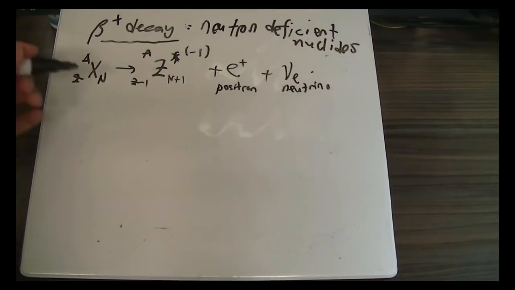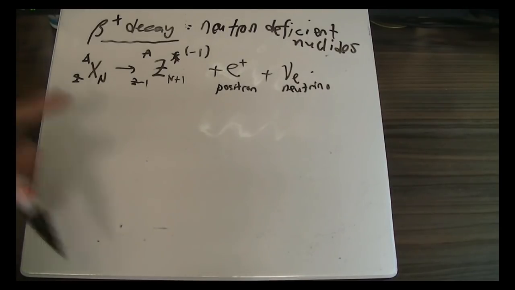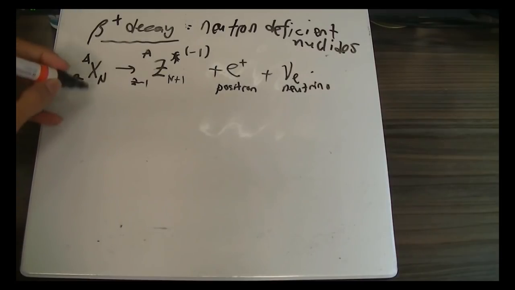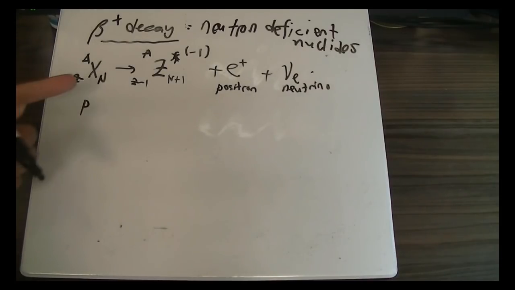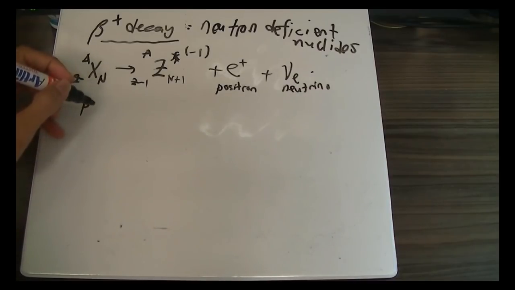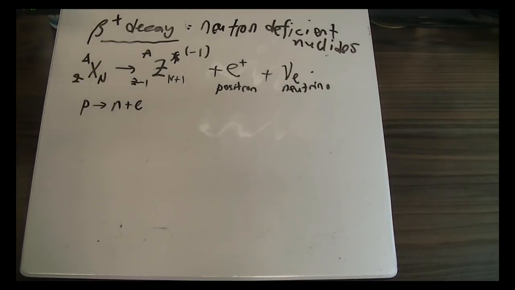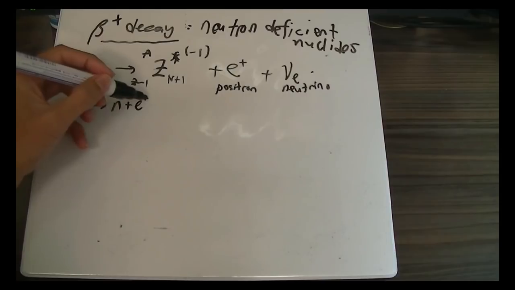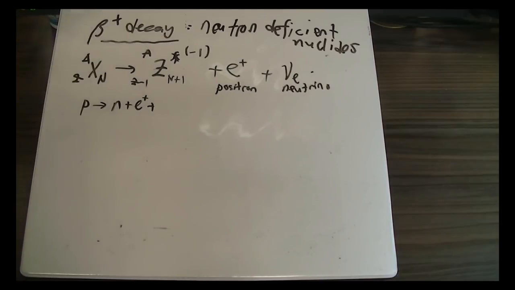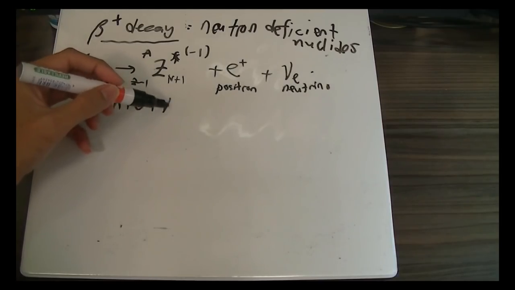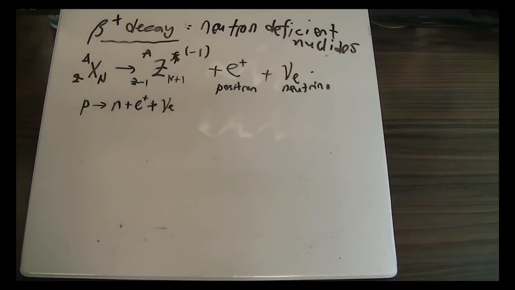What actually happens is that the proton inside the parent nucleus transforms to a neutron, and at the same time creates a positron and a neutrino.